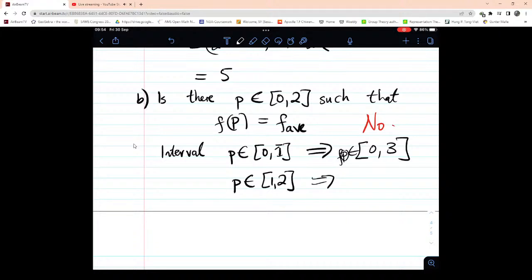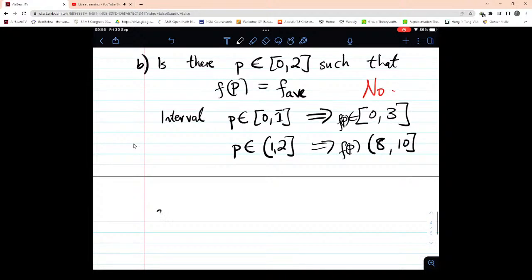And then if p is an element of 1 to 2, then you end up with f of p between 8 and 10. It doesn't include 1. So from 8 to 10. So in other words, f of p is going to avoid 5 on these intervals.